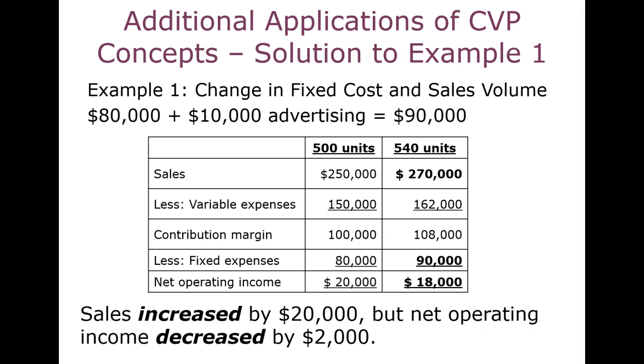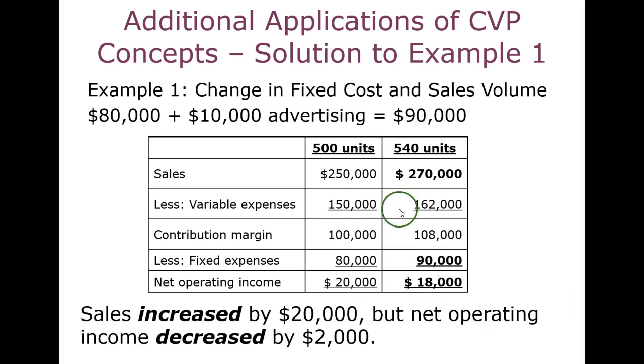Let's look at the numbers. So you can see the sales bumped up from 500, we're already above break-even point, to 540. There's the sales. Contribution margin goes up $8,000, 100 to 108, but the fixed expenses went up $10,000. So overall, our net operating income went down $2,000.